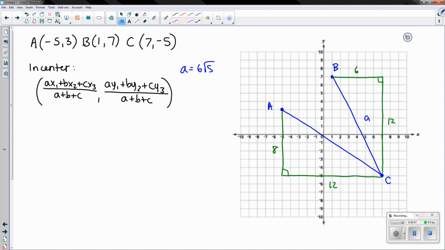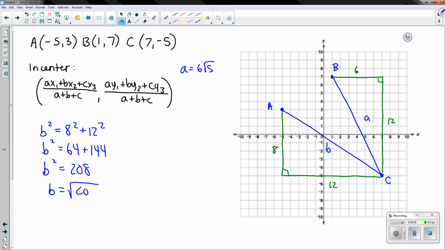So again, this is our side b, so b squared is equal to 8 squared plus 12 squared. So b squared is equal to 64 plus 144, so b squared is equal to 208. So b is equal to the square root of 208.